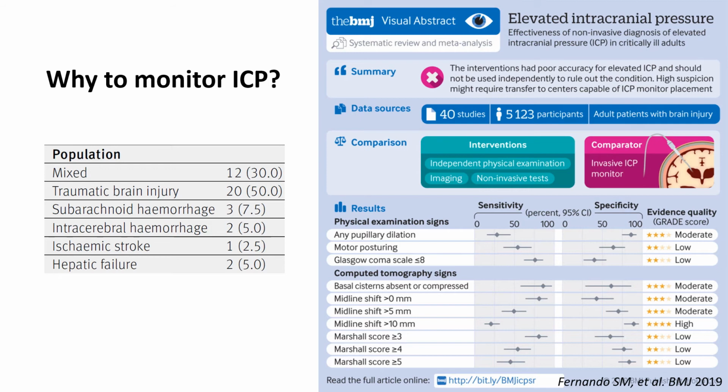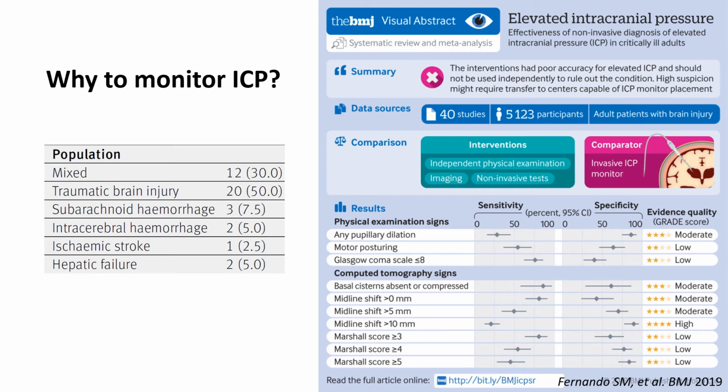Here you can see the sensitivity and specificity of common clinical signs which are indicators of raised ICP, like pupillary dilatation, motor posturing, Glasgow Coma Scale, midline shift, obliteration of basal cisterns, or Marshall grading of the head injury. Most of them have low or moderate evidence to support that these clinical signs are sensitive indicators of raised ICP when ICP was monitored.